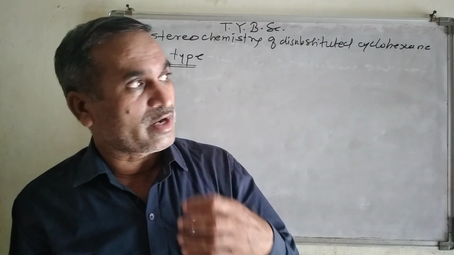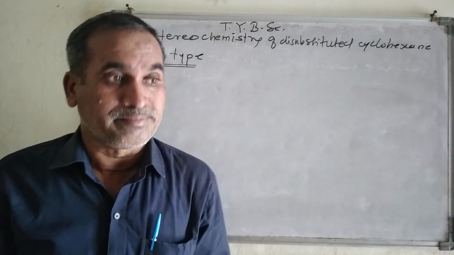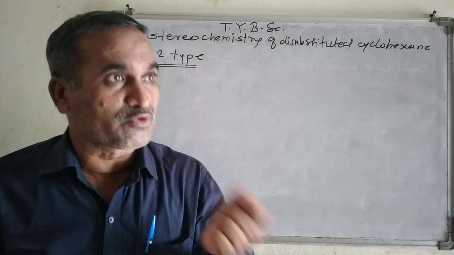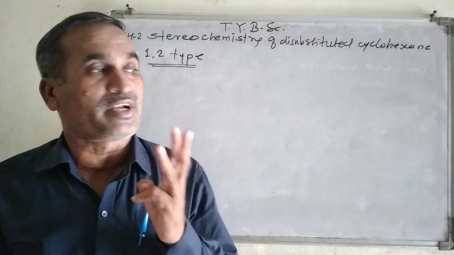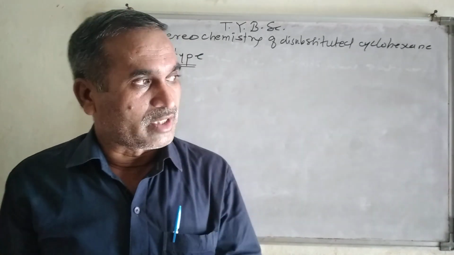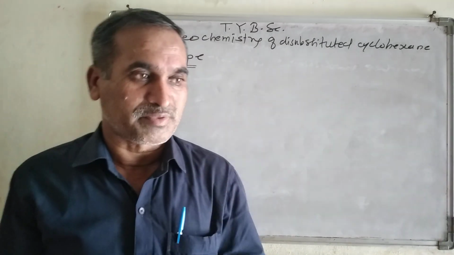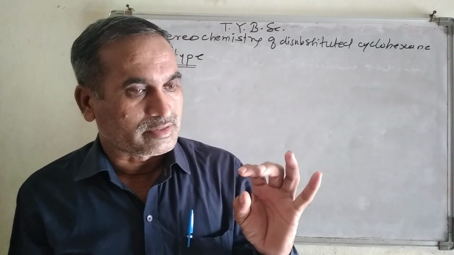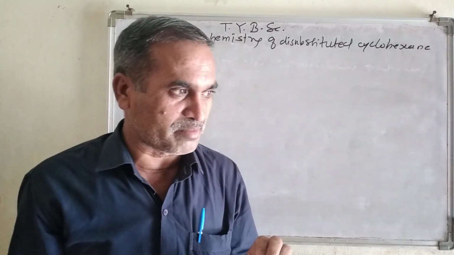Otherwise, for optical activity, there is another thing to find out, the element of symmetry. There are 3 types of elements of symmetry. Yesterday we already learned plane of symmetry, center of symmetry, and the third one is the alternating axis of symmetry.